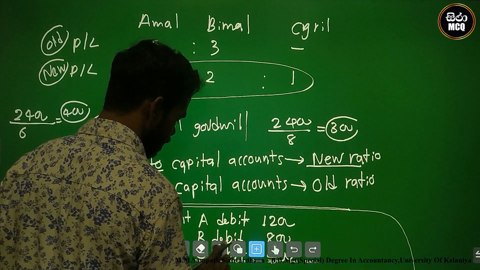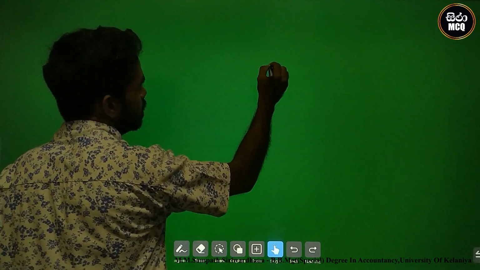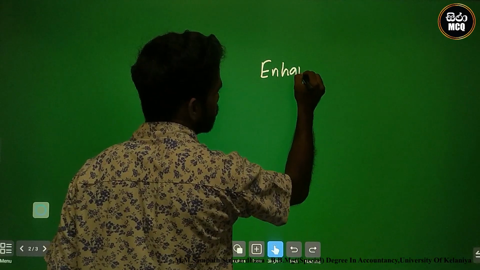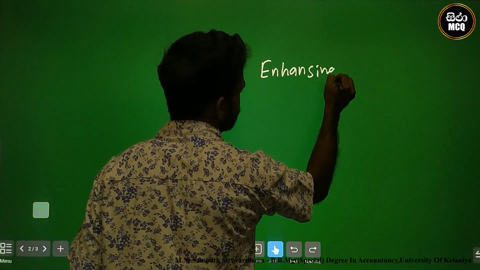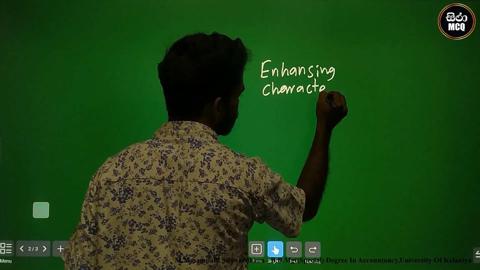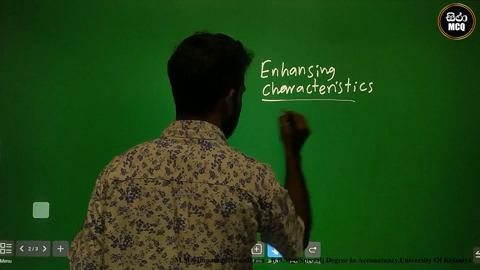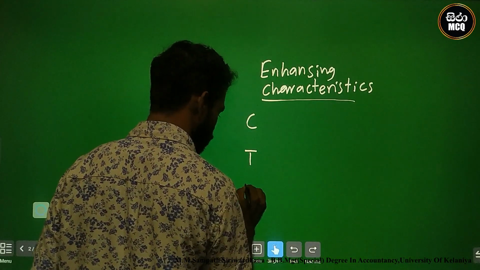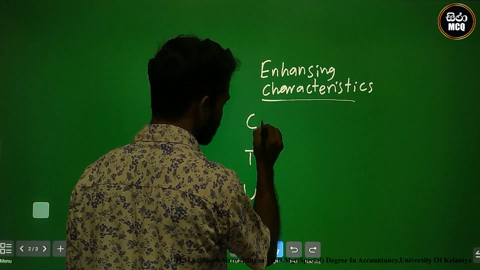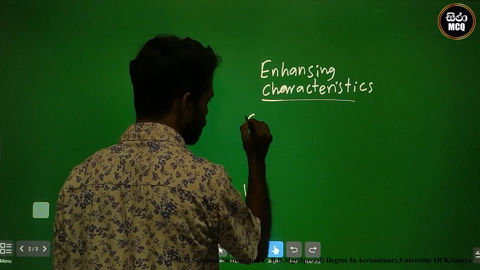There are enhancing characteristics. What are they? C, T, U, V. This is the first key word.